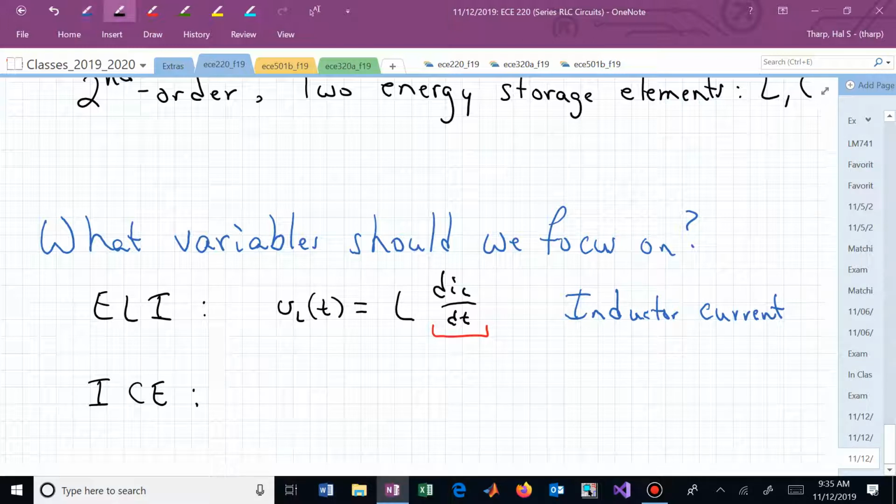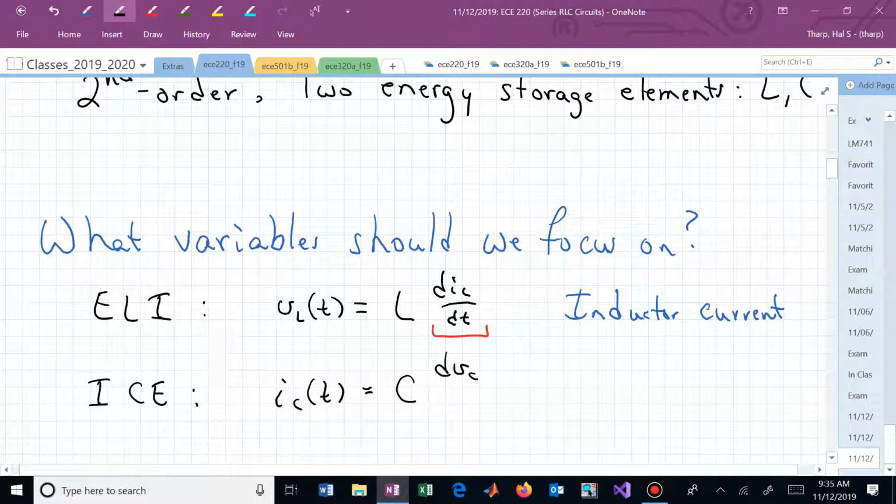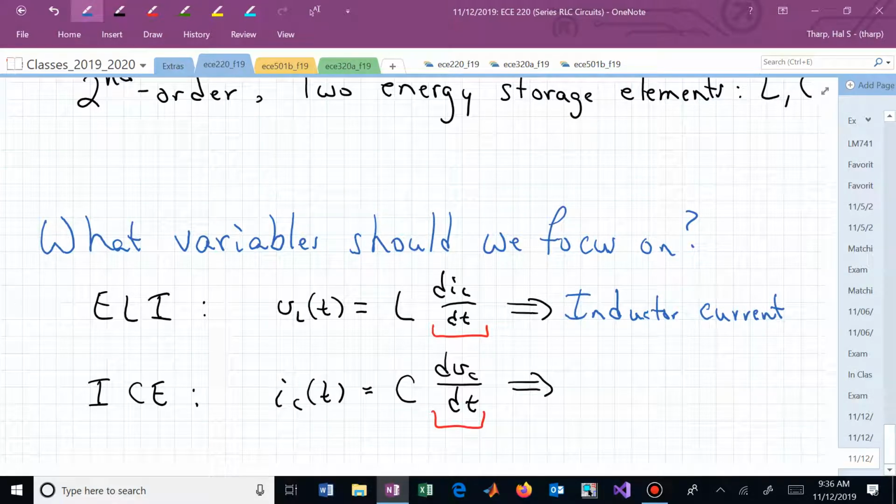ICE tells us additional information. ICE says that the capacitor's current is proportional, and the proportionality constant is the capacitance C, to the time rate of change of the voltage across that capacitor. This now says, if we are thinking the same way as we did before, now we need to focus on capacitor voltage.